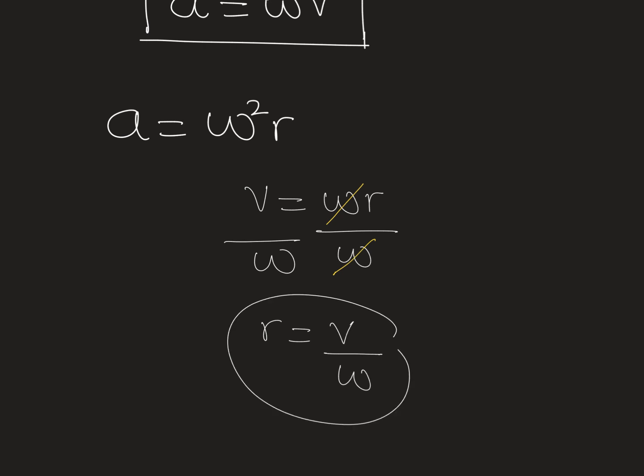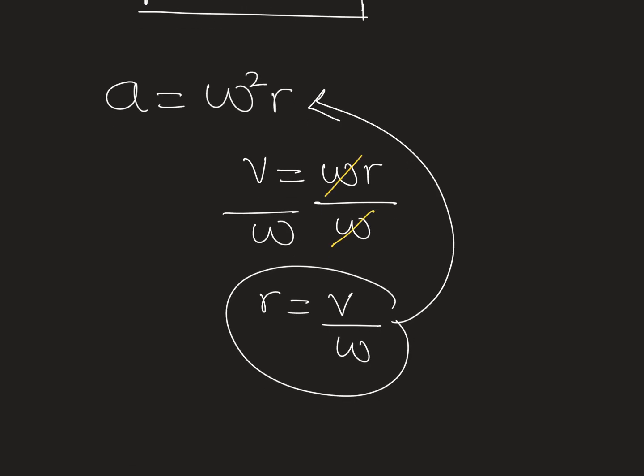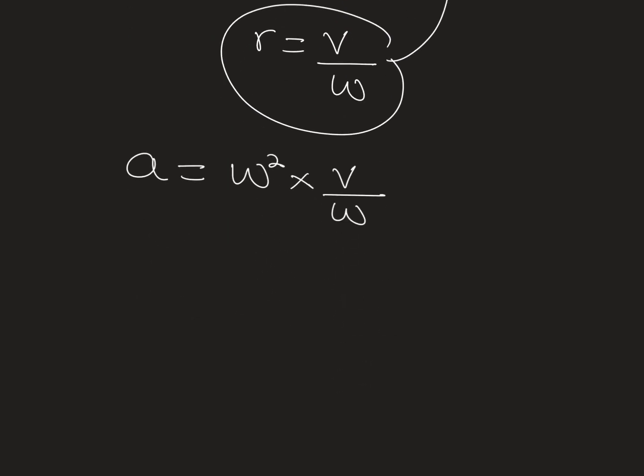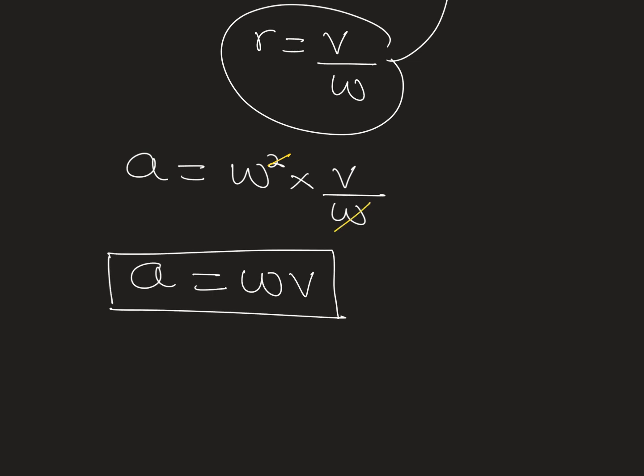If we substitute that into this equation, acceleration is equal to omega squared times v divided by omega. Omega squared divided by omega cancels to leave one omega. Therefore, acceleration is omega v. Okay, so this is how acceleration is equal to omega v.